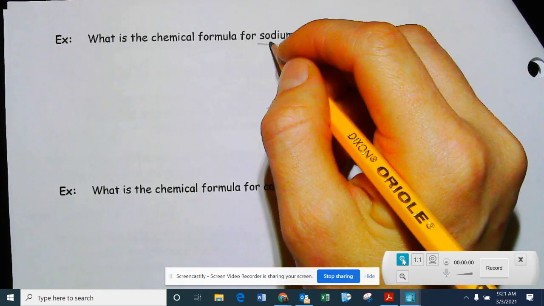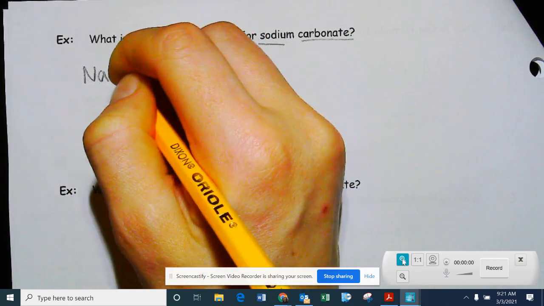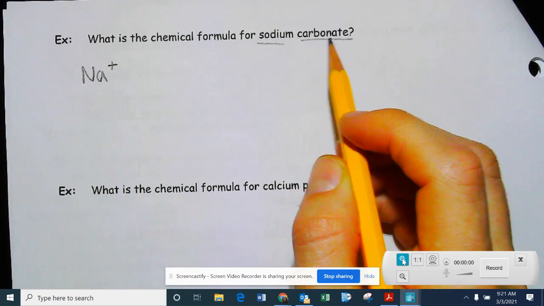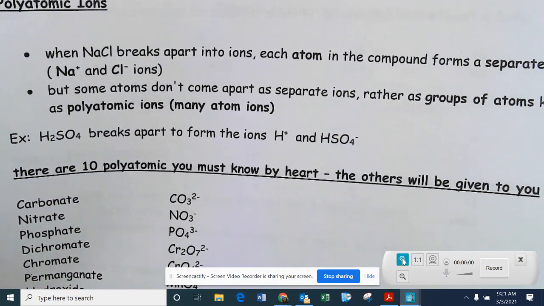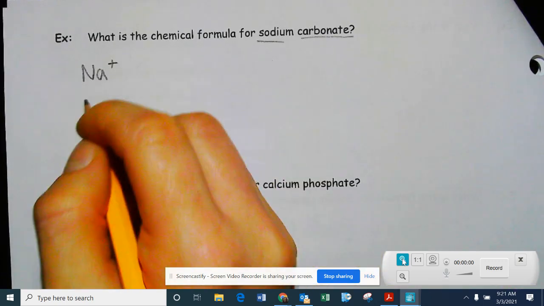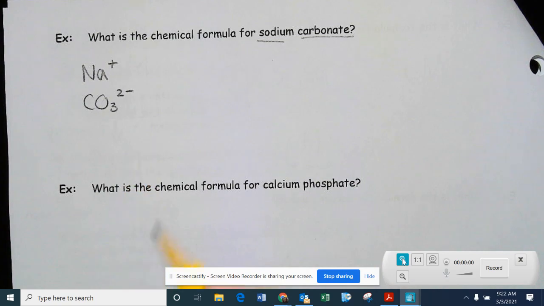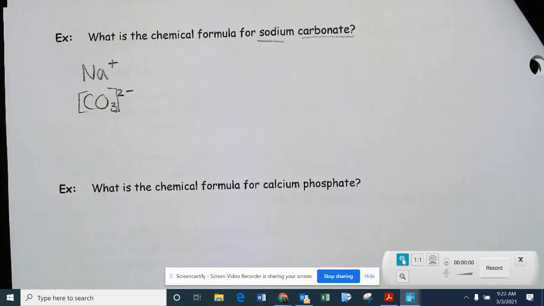So I've got sodium, Na, with a charge of 1 positive. Then carbonate: I look at my polyatomics and see that carbonate is CO3 with a 2- charge. That whole ion has a charge of 2-, so it can accept 2 extra electrons.